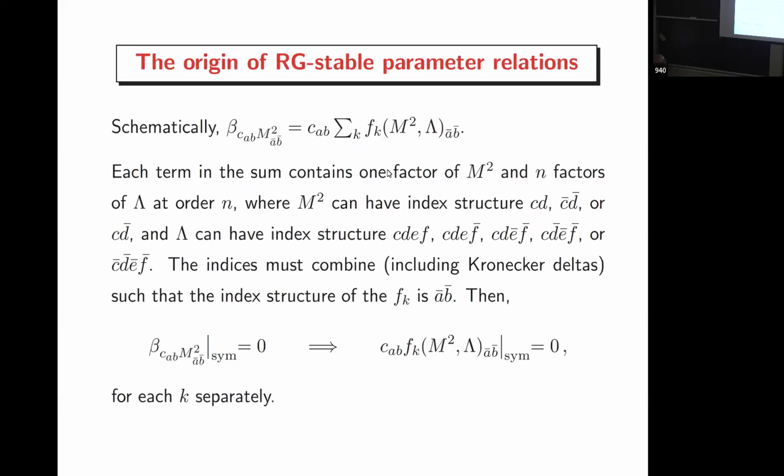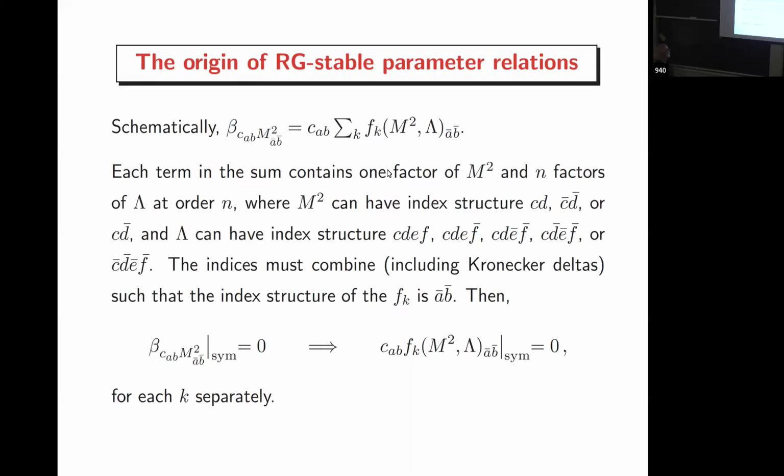Okay. So in some sense, let me summarize the argument. Schematically, we have the beta function given by something like this. And whatever this F_K is, it's the sum of lots of different independent things. But the one thing you know is however you combine the various tensors, the number of free indices at the end of the day must be A bar, B bar to match it on this side.